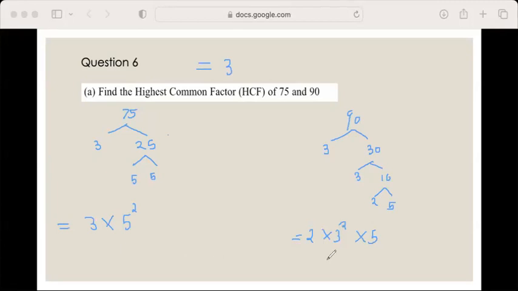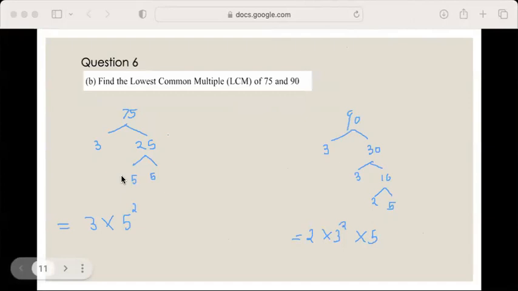And 5 is in both: here just 5, here 5 squared, so lowest of 5 is 5. So 3 times 5 is 15. This means the highest common factor of 75 and 90 is 15. So this way, we found the highest common factor.